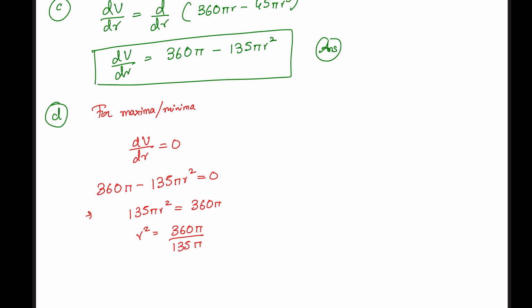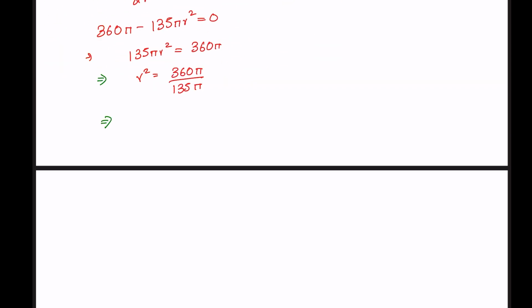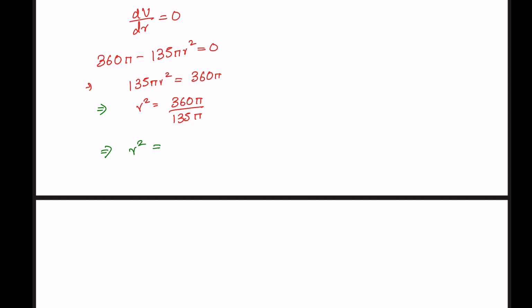If you simplify from here, pi cancels out. I can divide both of them by 5. So 135 by 5 is 27, 360 by 5 is 72. Then I can divide by 9. 27 divided by 9 is 3, 72 divided by 9 is 8.